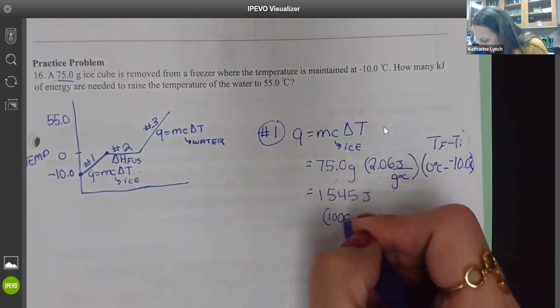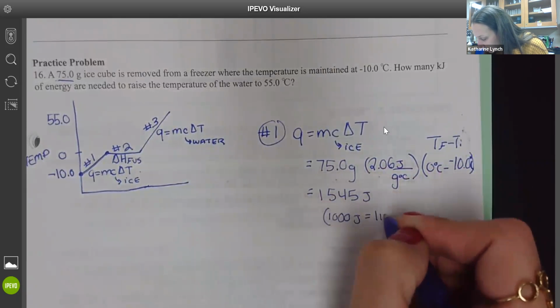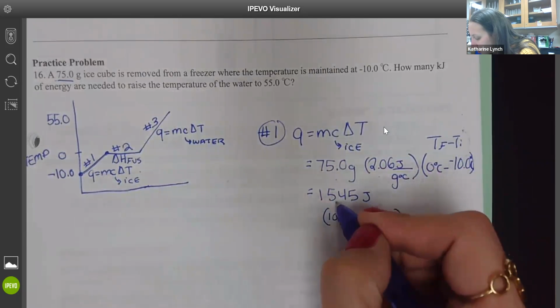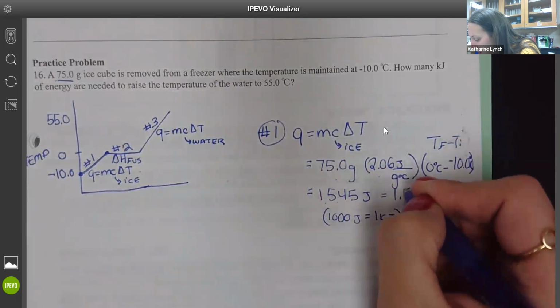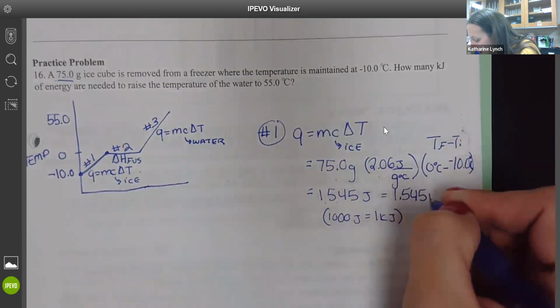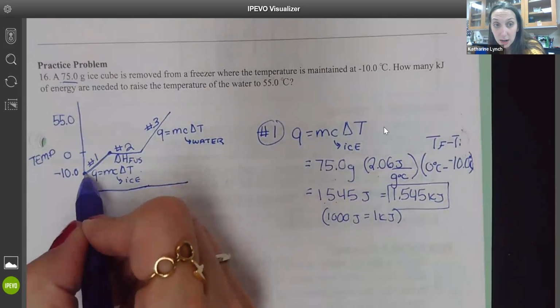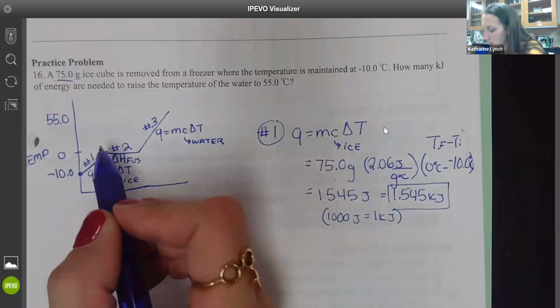Remember, there's 1,000 joules in 1 kilojoule. So if I divide by 1,000 or move over my decimal point, 1, 2, 3 places, I end up with 1.45 kilojoules. That's how much energy I need to go from -10°C to 0°C.